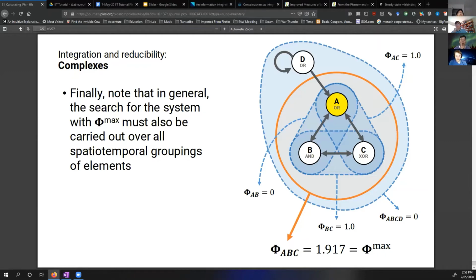Right. And also in general, I want to point out that because of this unidirectional cut requirement to find this big phi, which maximizes this number, most likely any kind of feed-forward architecture, such as retina to LGN or motor cortex to muscle, will be outside of this so-called complex.